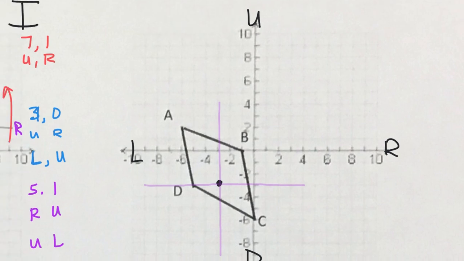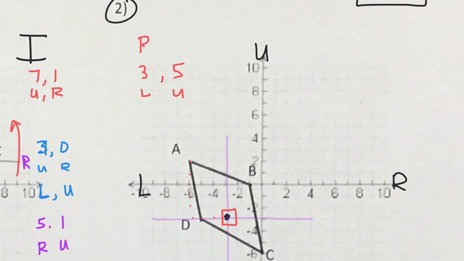Point A is 1, 2, 3 units left and 1, 2, 3, 4, 5 units up from your new origin. If we do a 180, left becomes right and up becomes down, so we're going to go 3 units to the right and 5 units down, and that's where we'll find A prime.